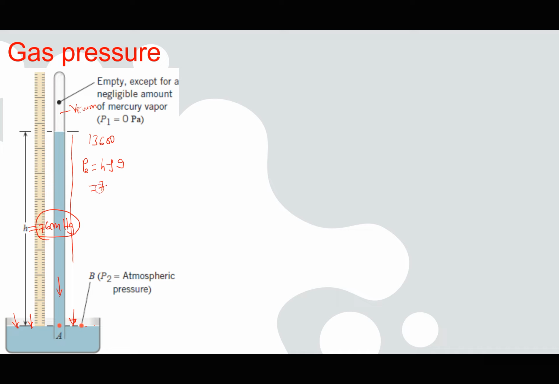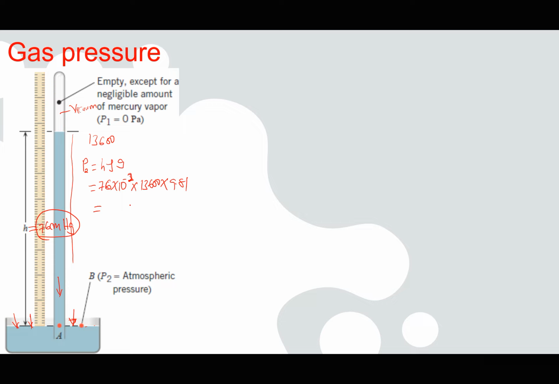So h is 76 centimeters of mercury, so I will say 76 times 10 to the power of minus 2. The density of mercury is 13,600, then times g, which is 9.81. I'm trying to find the atmospheric pressure.